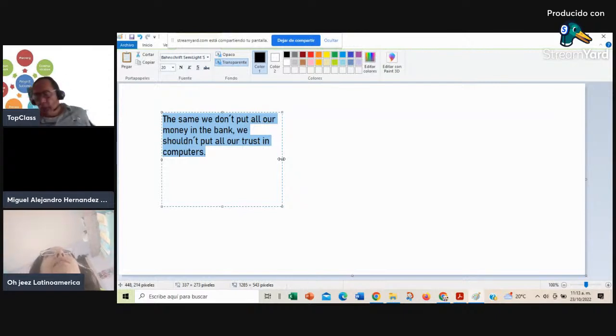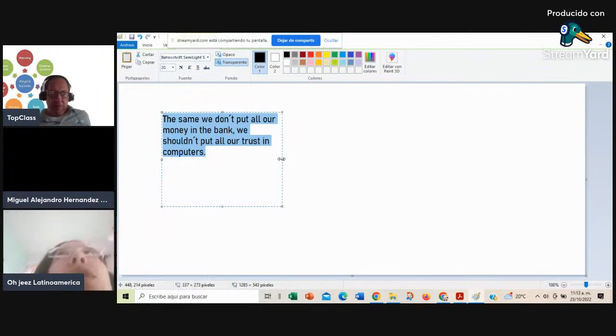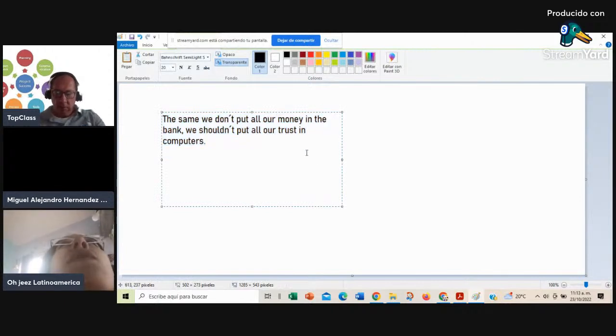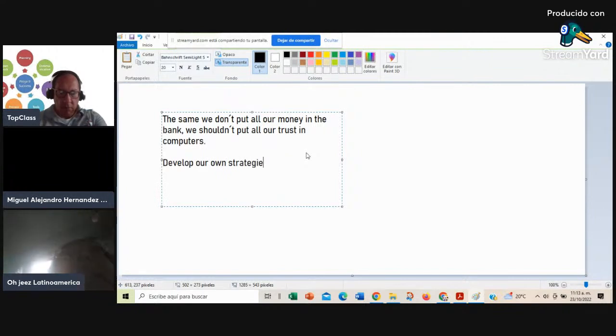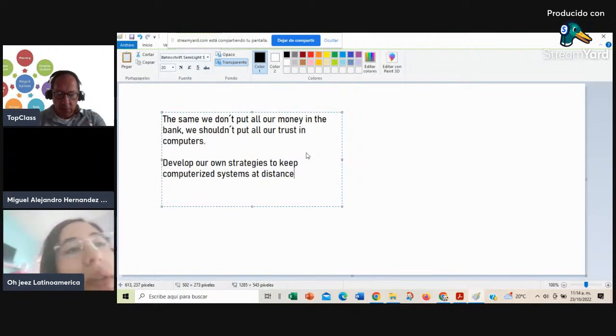If the machine is helping other people and it has a mistake, as Mickey said, we can lose a lot of things. Then we have to make our own strategies to use technology in our favor and not trust it 100%, because pretty bad things could happen and we could regret it very much.